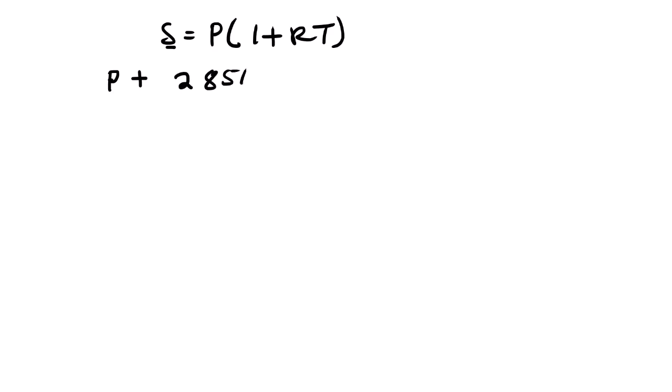So using our equation, S equals P(1 + RT), and then here we are going to have P plus 2,854.80 equals P(1 + R T), where R is 11.5%, and for T, you should know that 9 months is actually 0.74 years.